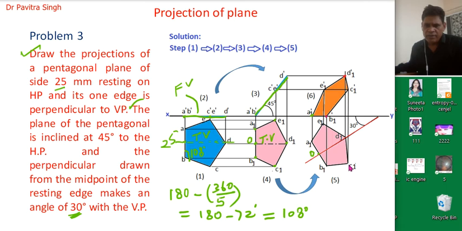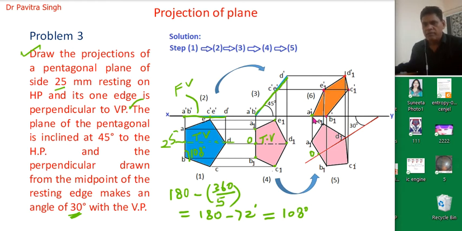A vertical line from point C1 and a horizontal line from point C dash will give point C1 dash. Now a vertical line from point D1 and a horizontal line from point D dash will give point D1 dash. Similarly, a horizontal line from point E dash and a vertical line from point E1 will give point E1 dash.